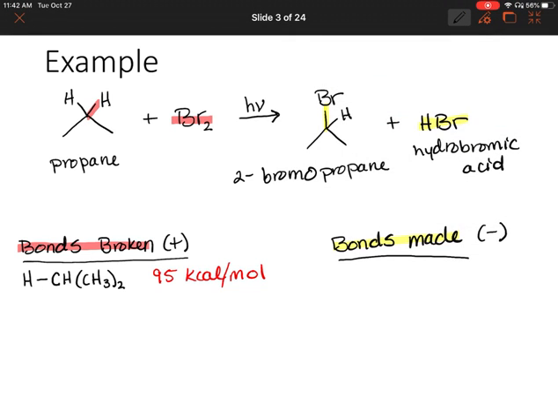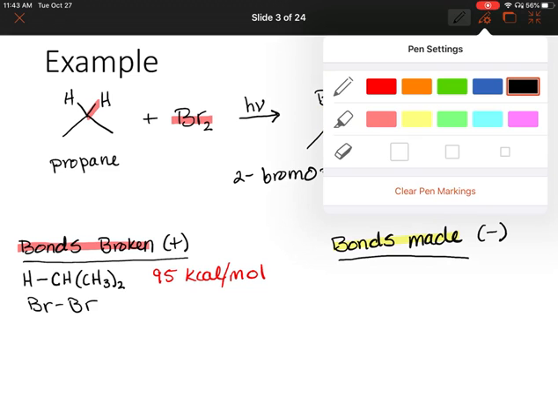All right, the other bond that we broke was a bromine-bromine bond. So if we look in the third column of table 6.1, at the bottom we have halogen bonds. So if bromine is bonded to bromine, that energy is 46 kilocalories per mole.